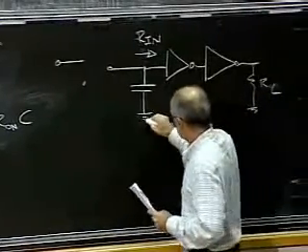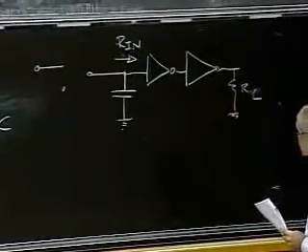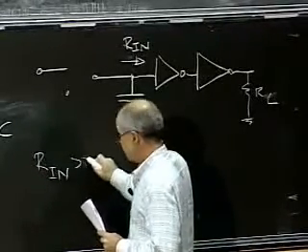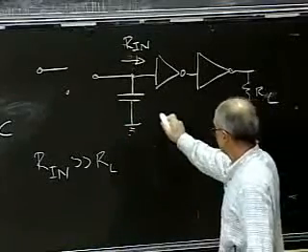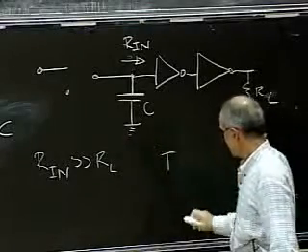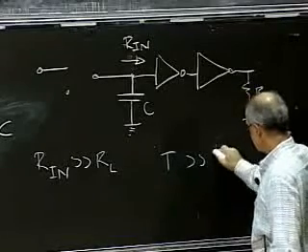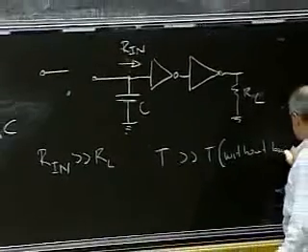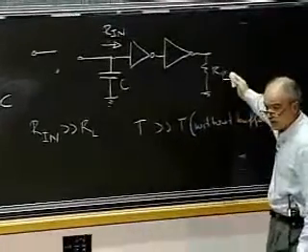Now, this is better because if Rin is much larger than RL, then the time t, in this case, is much larger than the case without buffer. Okay, so we buffer the effect of the RL.